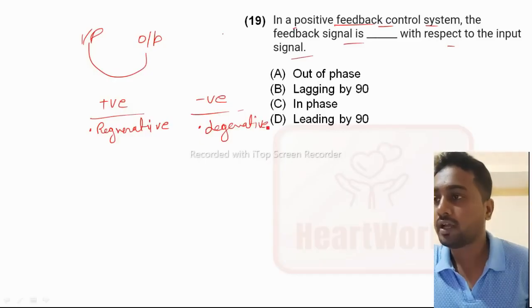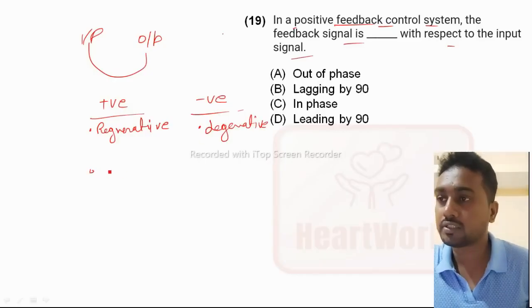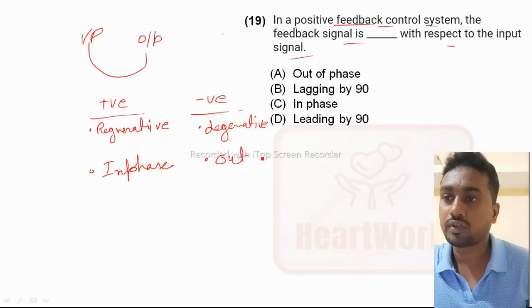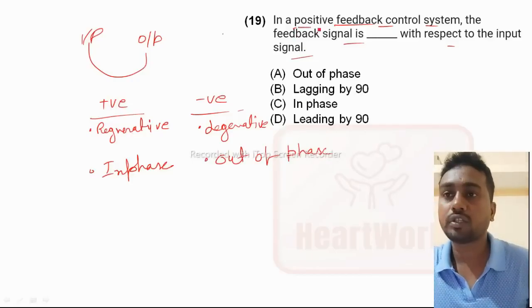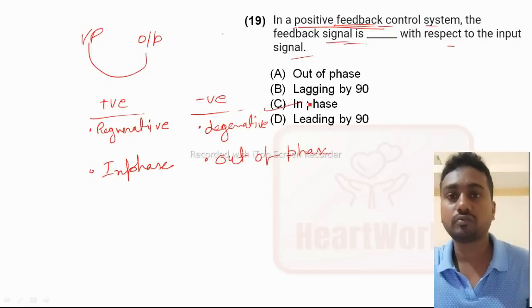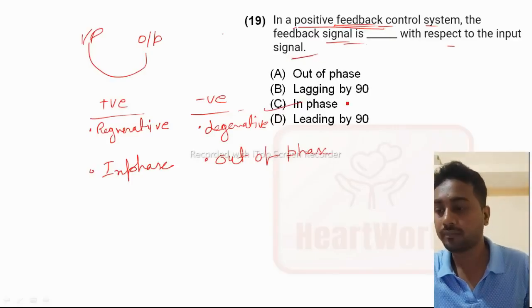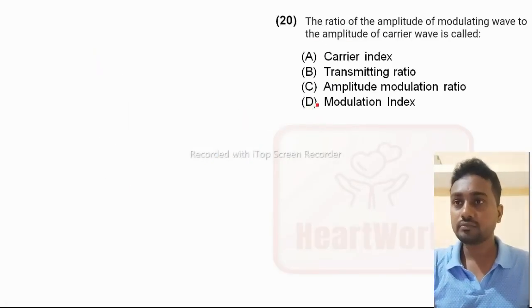In a positive feedback system, the feedback signal is always in phase, and in negative feedback it is out of phase. So here they are asking about the positive feedback control system. In a positive feedback control system, the feedback signal is always in phase with respect to the input signal. So option C is the right answer.